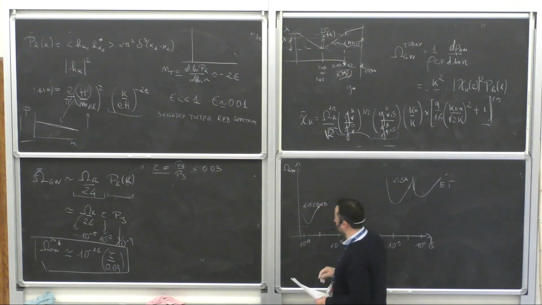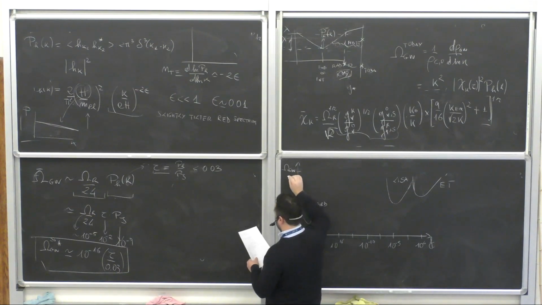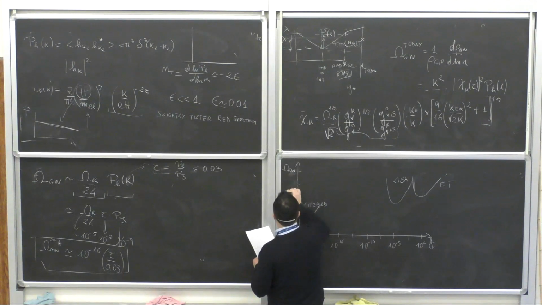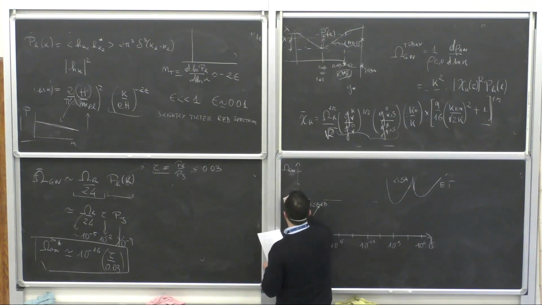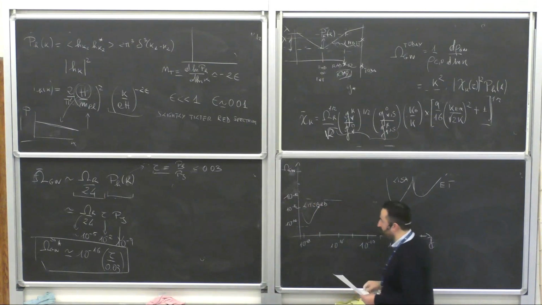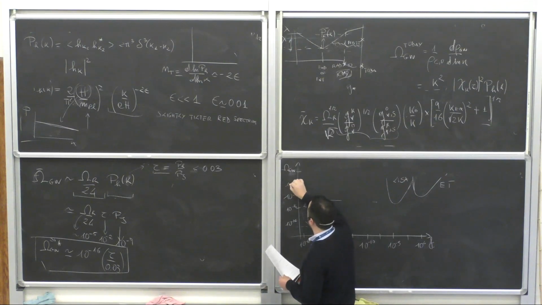Keep it for now. So now here I have 10 to minus 12. No, sorry. Here I have 10 to minus 12. Okay. Here I have 10 to minus 14, 10 to minus 16. Okay. Here I have 10 to minus 8.